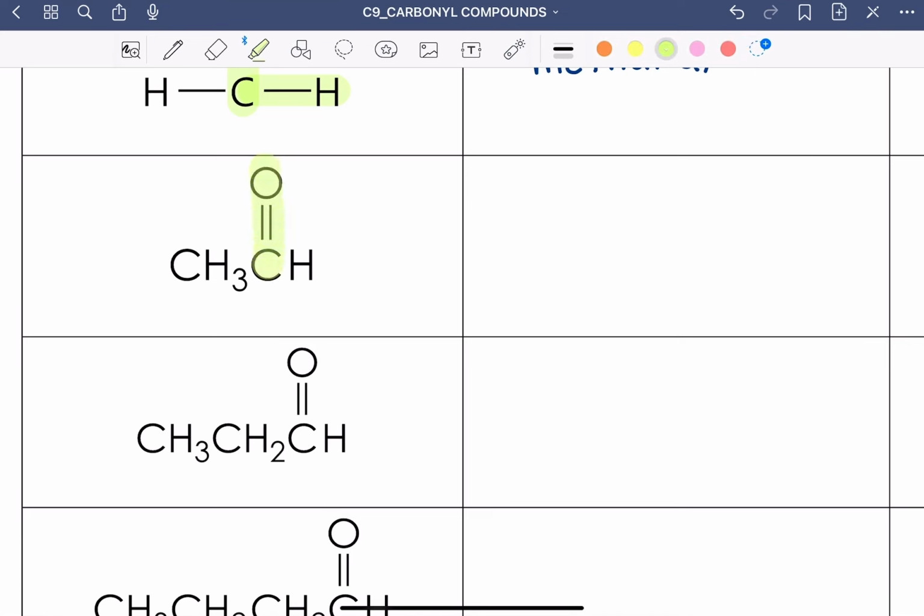Identify the C double bond O, the carbonyl group, first. It is attached with H, so you know this is an aldehyde. Then look at the number of carbons: 1, 2. Therefore, this one will be ethanal.